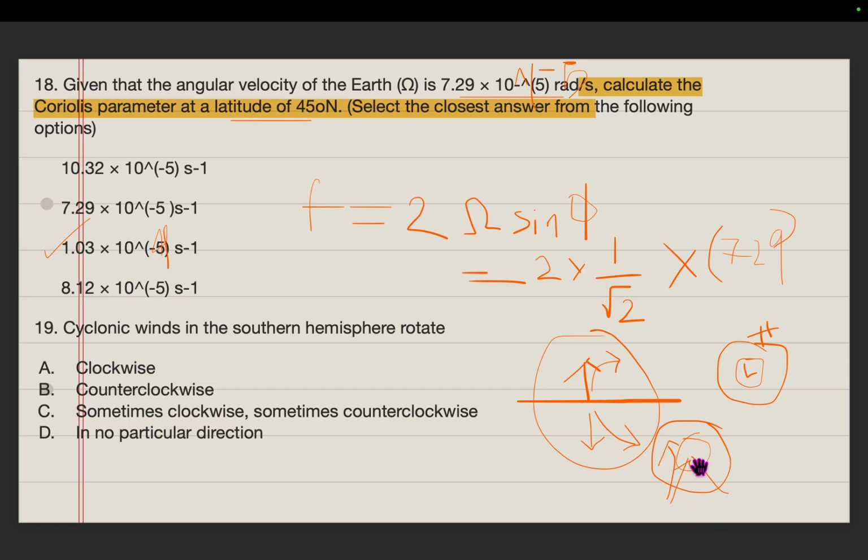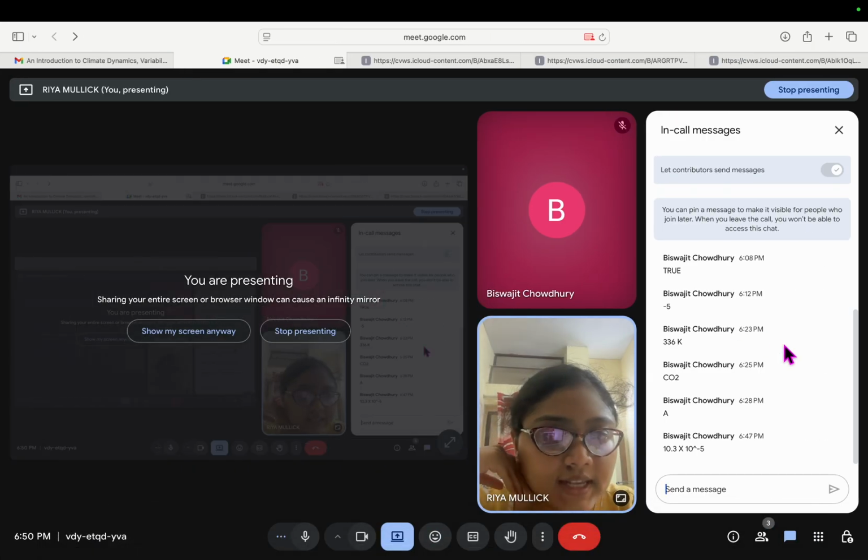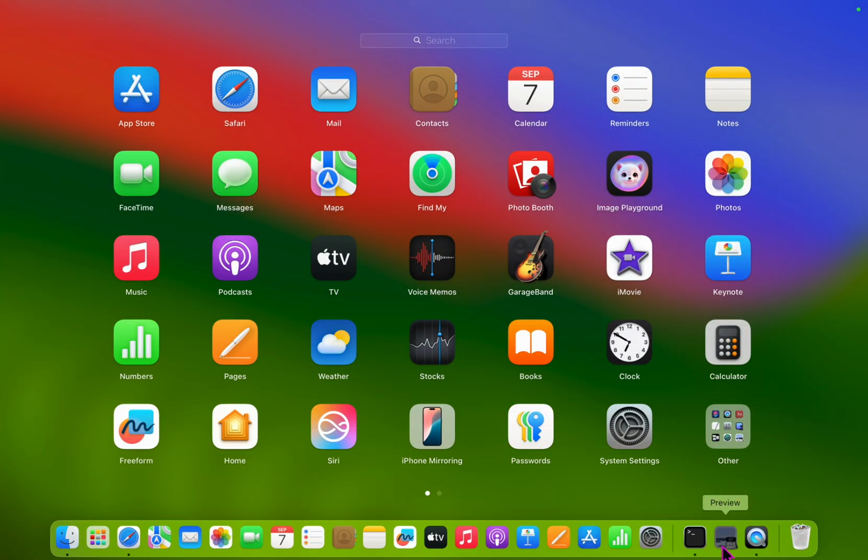So all the air vectors go like this. Therefore, cyclonic winds in the southern hemisphere rotate in the clockwise direction.